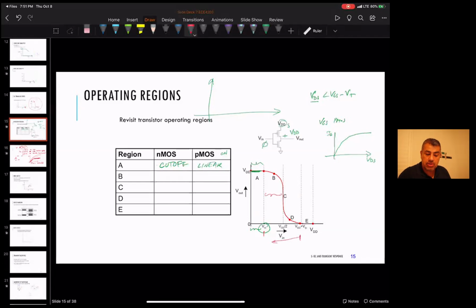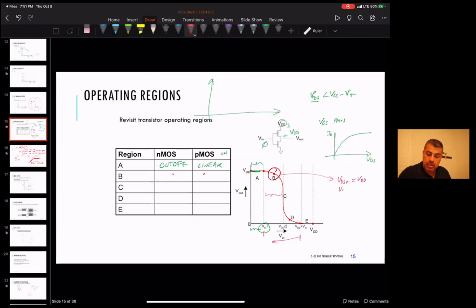Both the N and the P are on. Now the drain source of the N, which is the output, is relatively high, close to VDD.